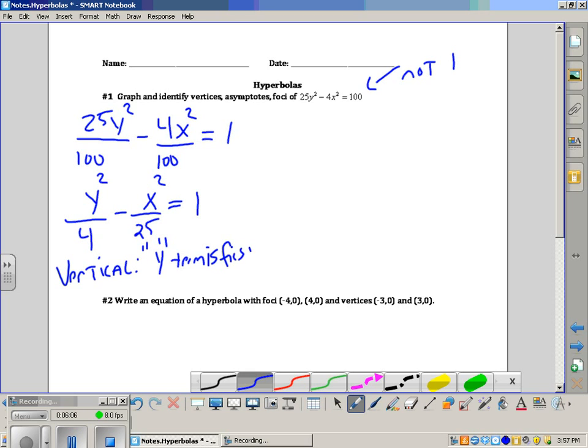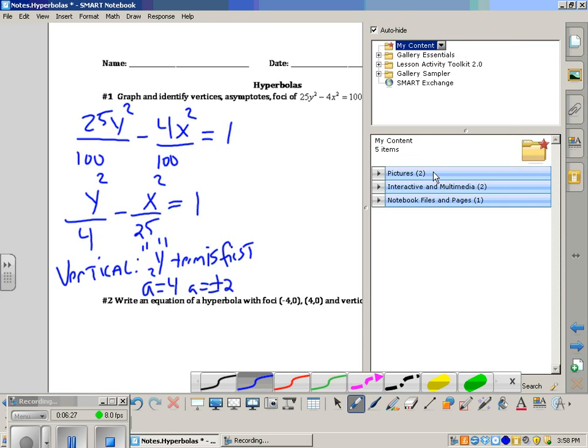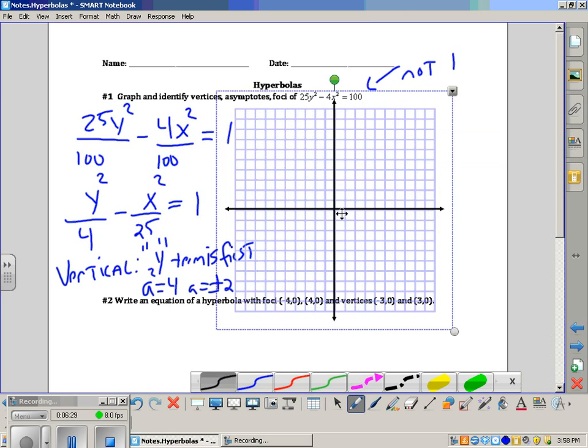It's not the best math explanation, but the y term is first. So this is going to be a vertical hyperbola that's shooting up and shooting down. And I can see immediately a is plus or minus 2. So real quick, I'm going to throw in a graph. So here we go.